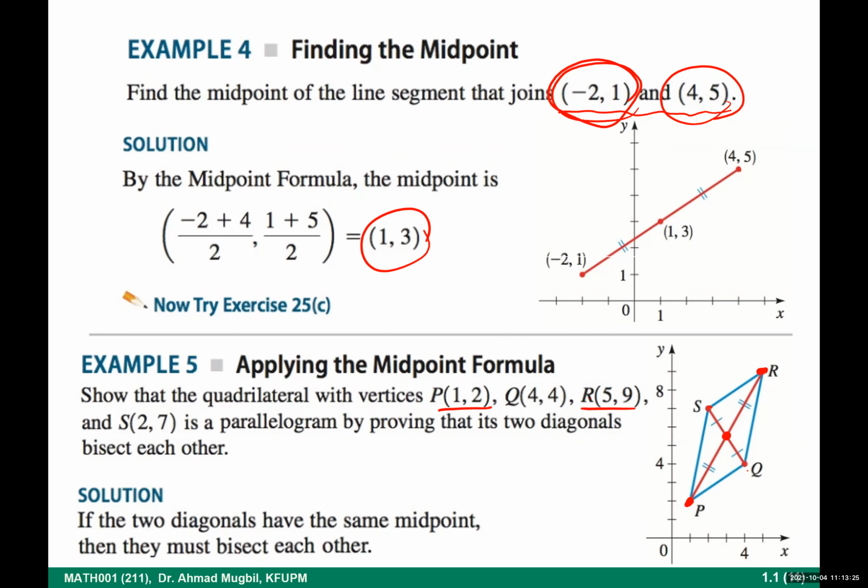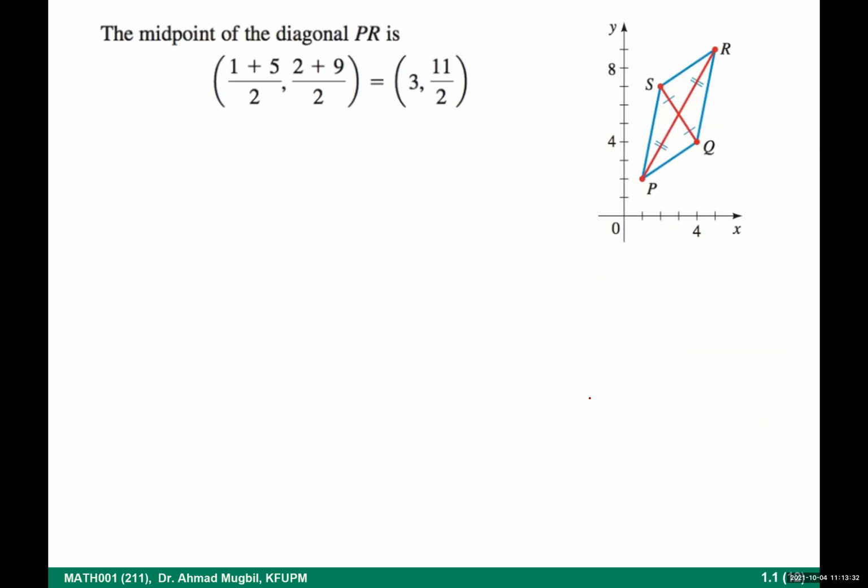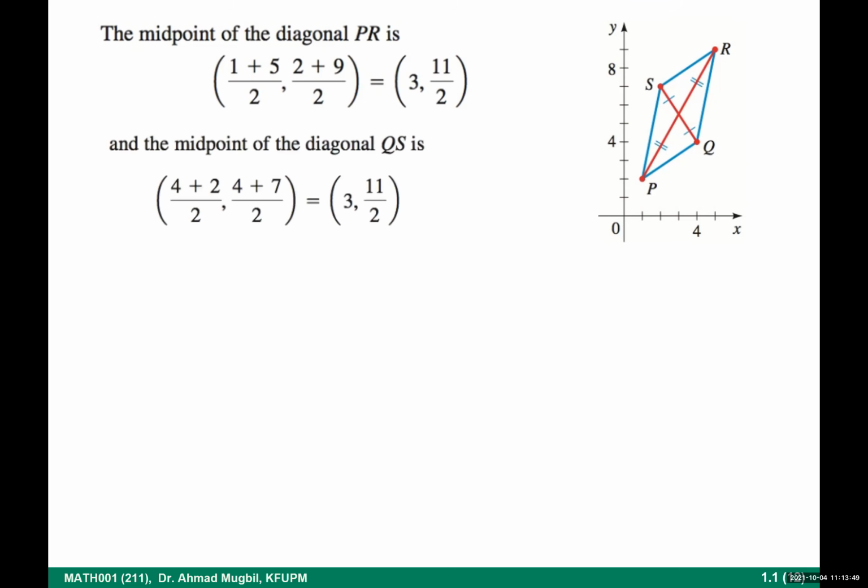It is (3, 11/2). Now we expect that the midpoint of the other diagonal SQ is the same, and it is the same. So this proves that they are bisecting each other, and the quadrilateral that we have is a parallelogram.